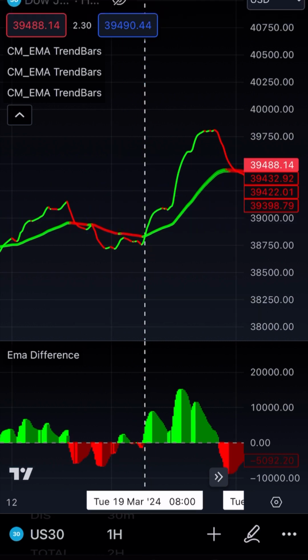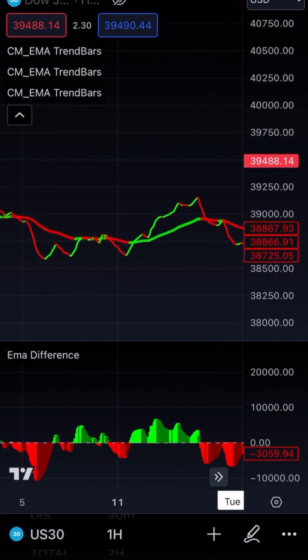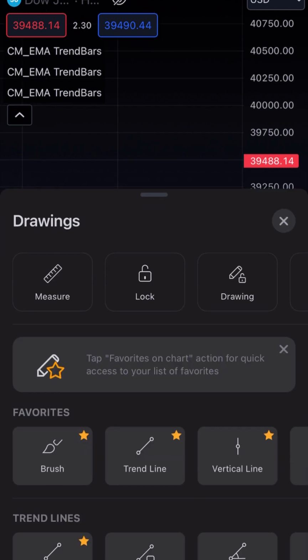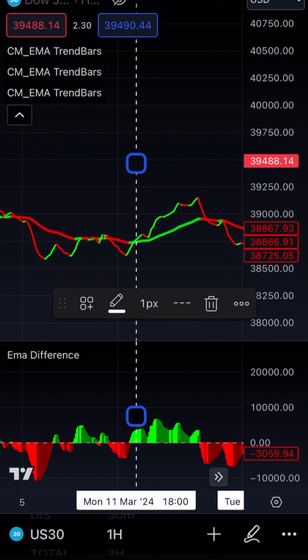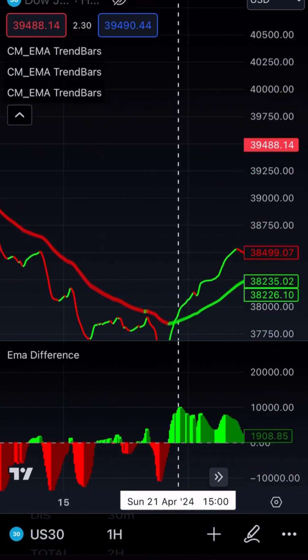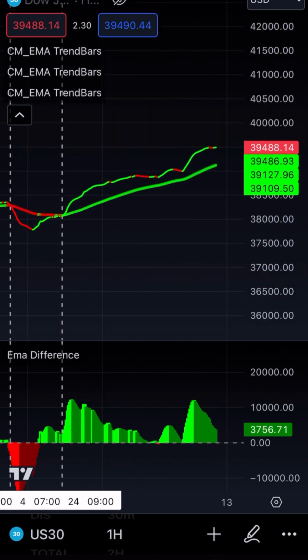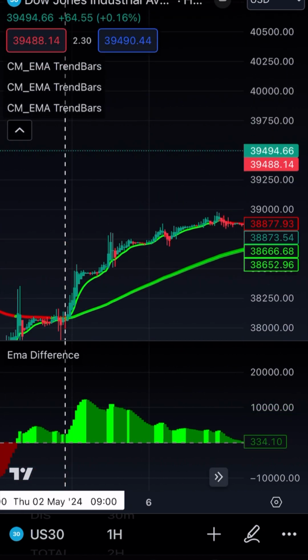Crosses right here. We'll do one more. We'll do that one right here. Crosses right here. So you take note of all the times it crosses. Now we can turn the candles back on.